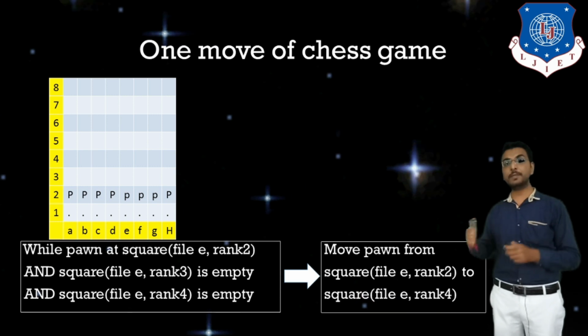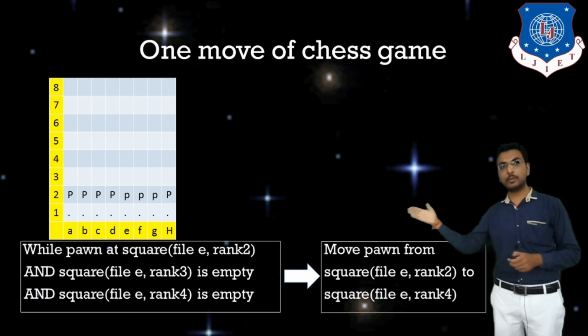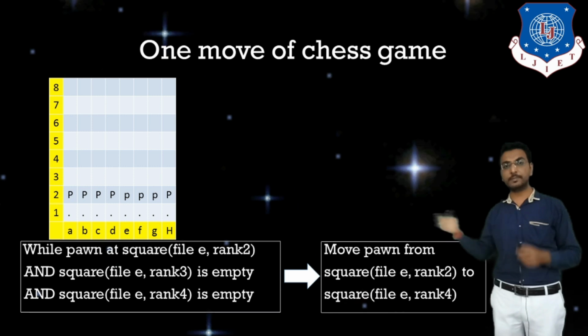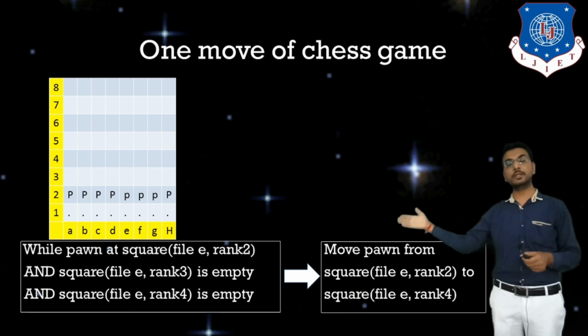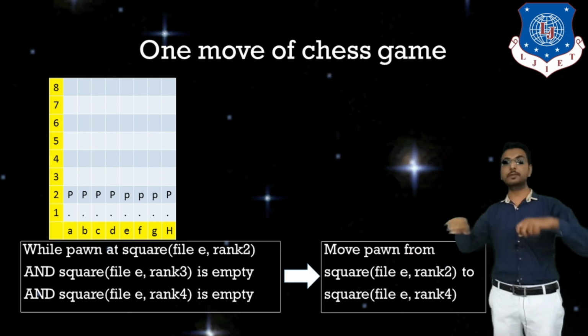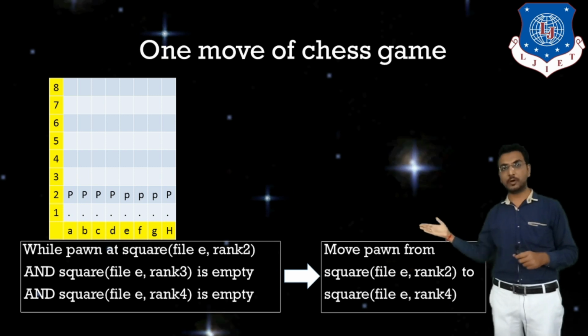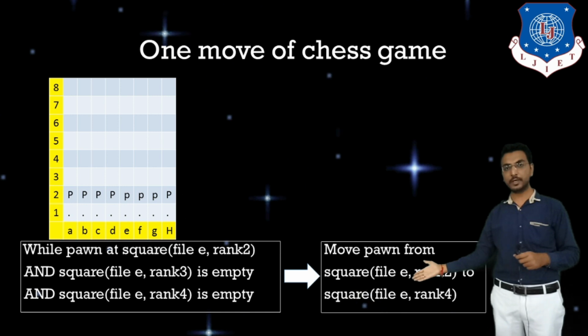So what can be the precondition? From that e, 2 position, if I want to move that pawn, then e, 3 should be empty and e, 4 should also be empty. Then and only then we can move further. So move the pawn from e, 2 to e, 4.